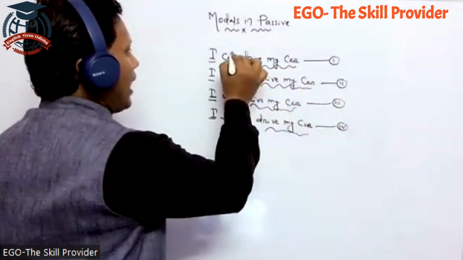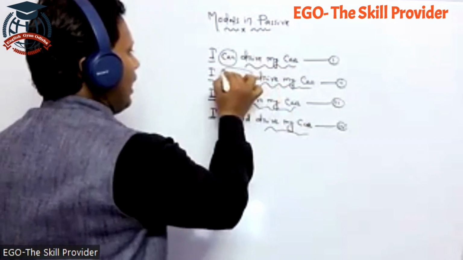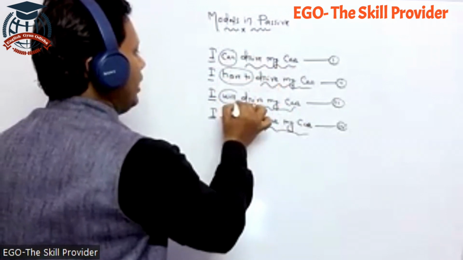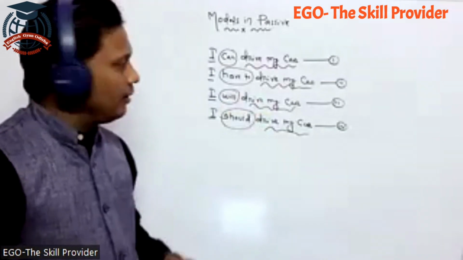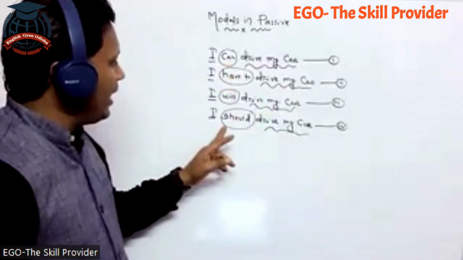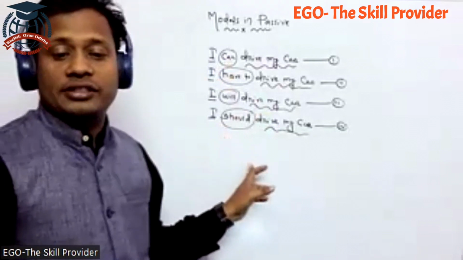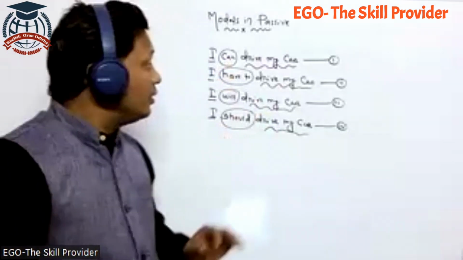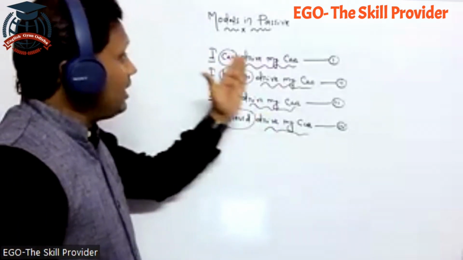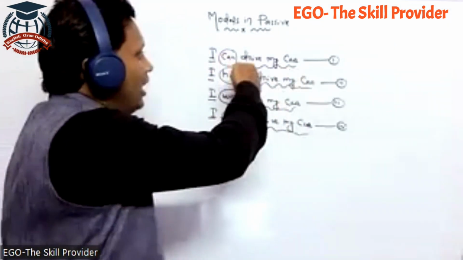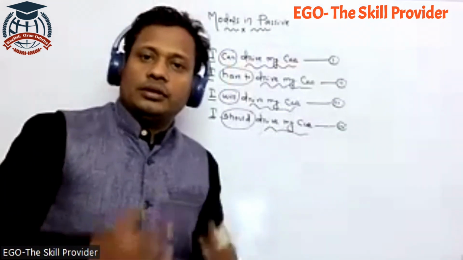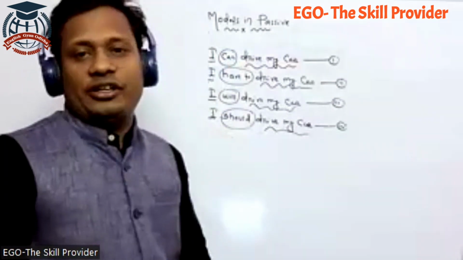So here I say can, have to, will, and should. These are called modals, right? Can, have to, will, and should. And believe me, my friends, I can drive my car is entirely different from I have to drive my car, because these modals change the meaning of a sentence.